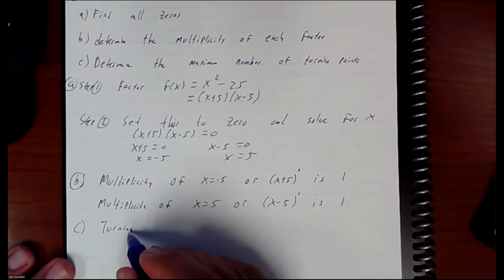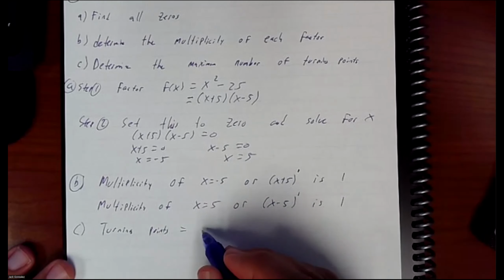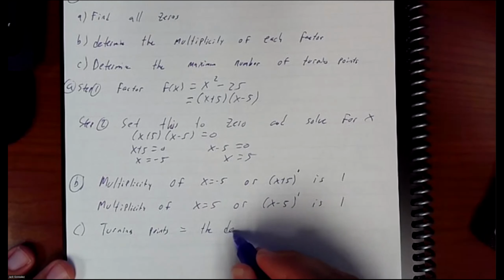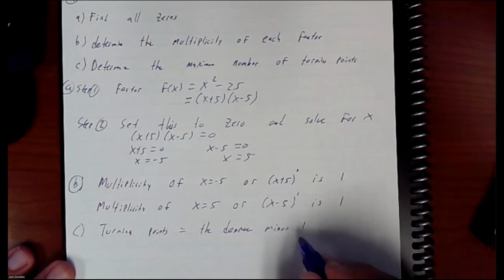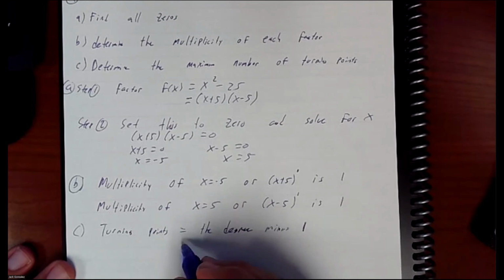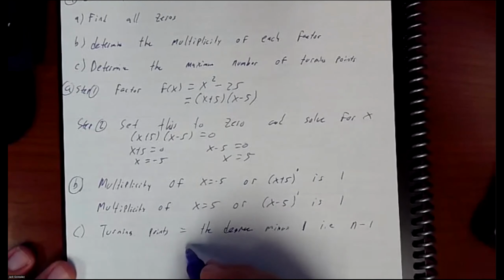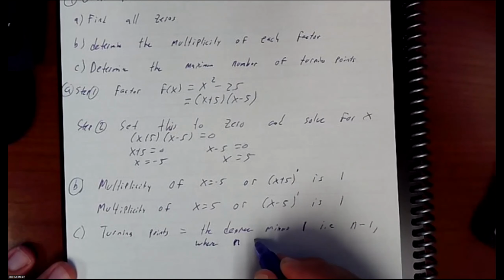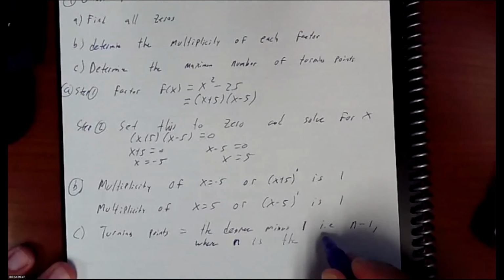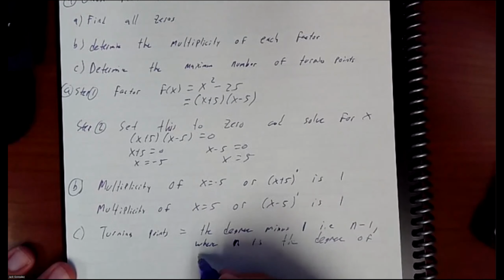Turning points is equal to the degree minus 1. In other words, n minus 1, where n is the degree of f of x.